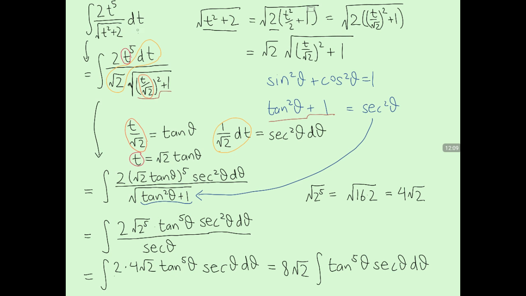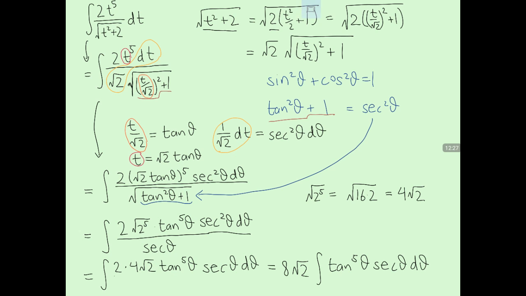So we've simplified our integral in terms of t into this integral in terms of theta. Now, this may not seem much simpler than the original integral, but trust me, it is. This is the way to compute it.